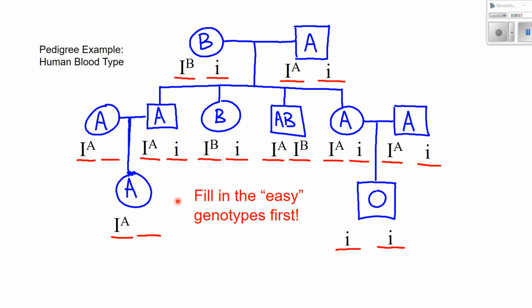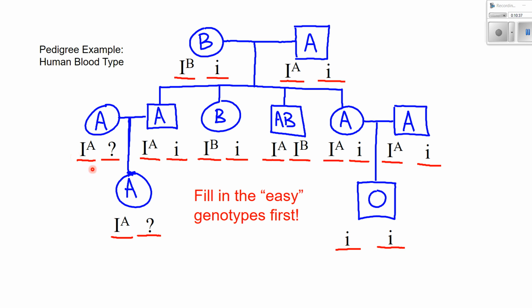Now, you will run into situations in pedigrees like this where you might not be able to solve all of the missing genes. Sometimes there's not enough information to know for certain what the answer is. So, like for this girl, she definitely got a big IA from one of her parents. She could have gotten a big IA from mom and a big IA from dad. She could have, but it's also possible that she got a big IA and a little i, and there's no way for us to know.